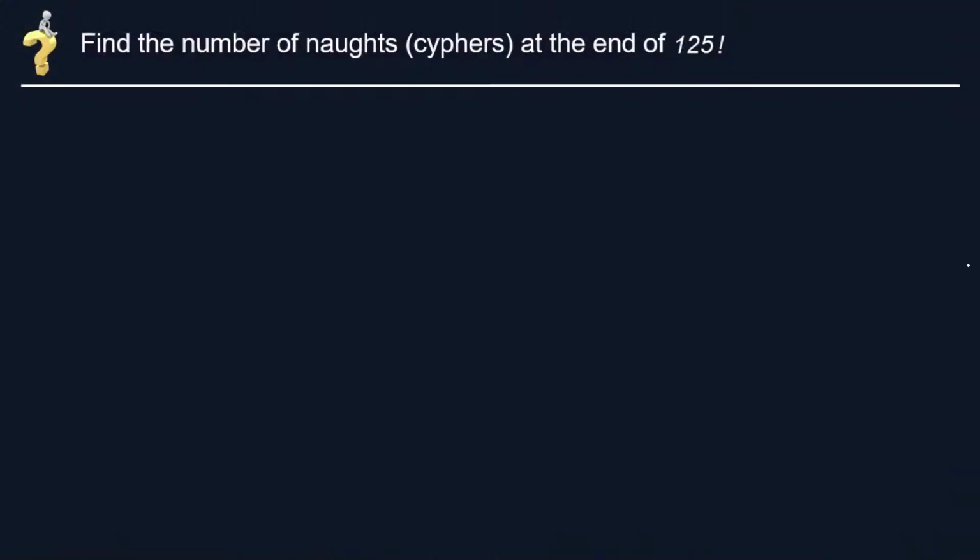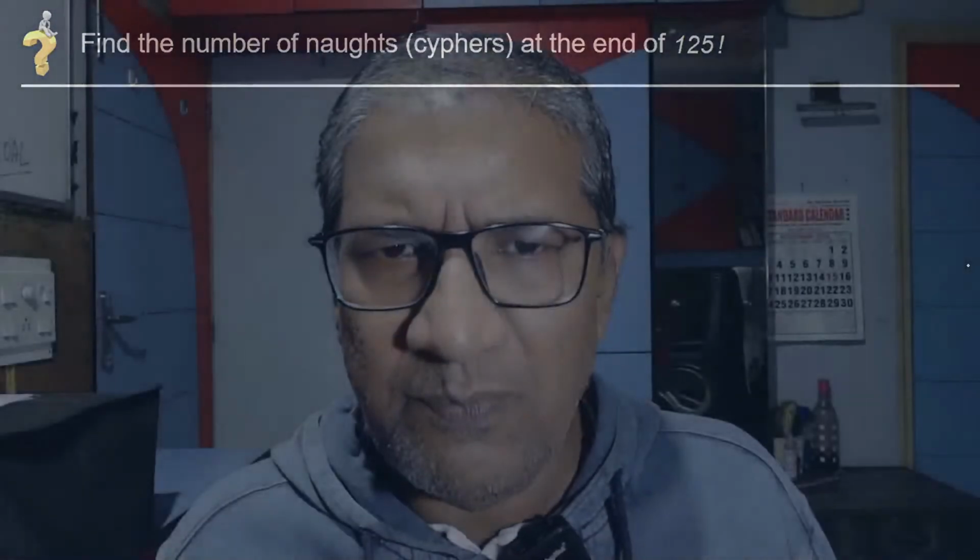Now in this question they have asked: find the number of knots or ciphers at the end of 125 factorial. Now what do you mean by knots or ciphers? This is basically the number of zeros at the end of 125 factorial. That's it.